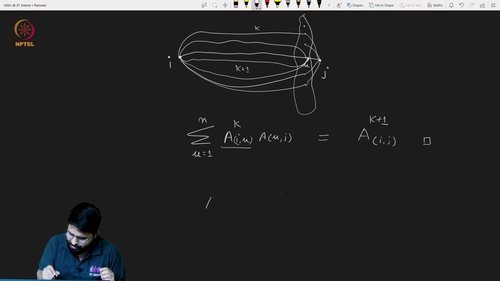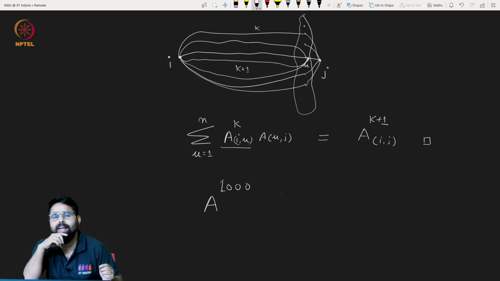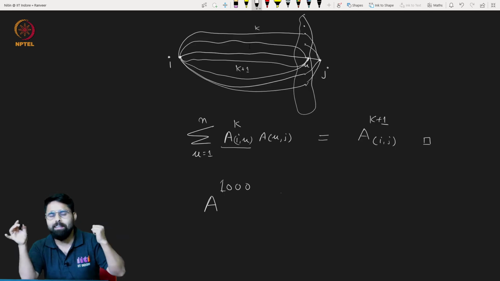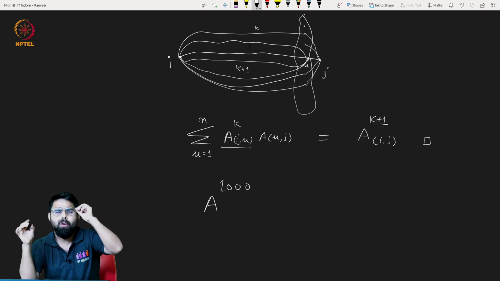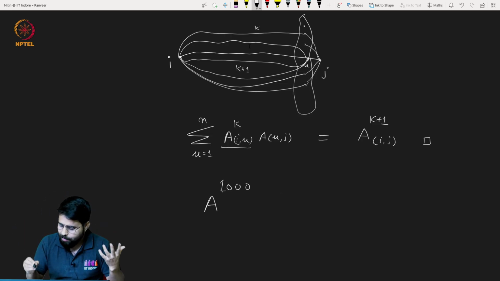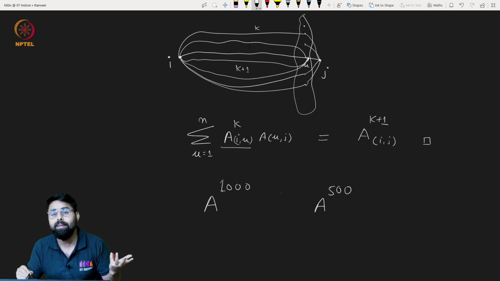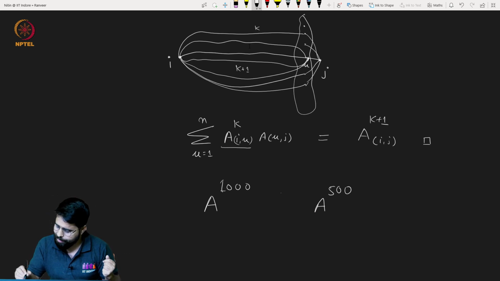Some of you might be very clever here and suggest divide and conquer. Suppose I somehow calculate A to the power 500, then I have to multiply with just one more matrix to get A to the power 1000. But then how will you find A to the power 500?